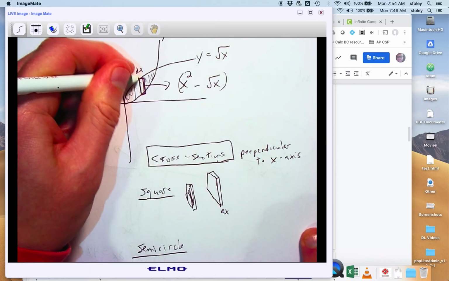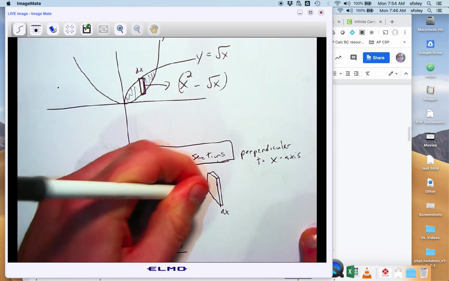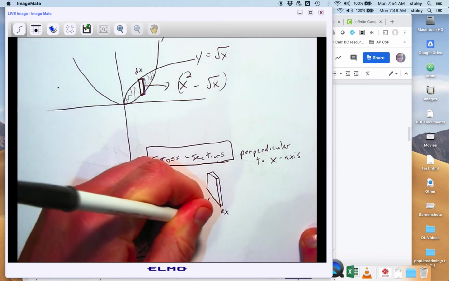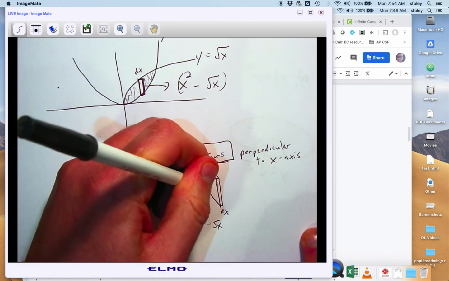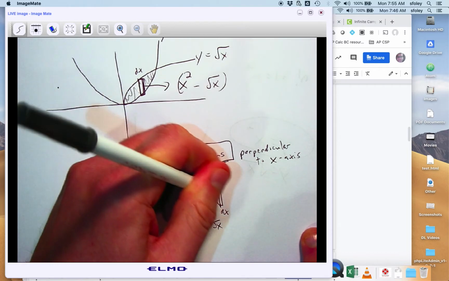Well, that's this side that's sitting on the base. And so this is just that x squared minus square root of x, which is the top, minus the bottom. And so the volume of this box will be length times height times that thickness.